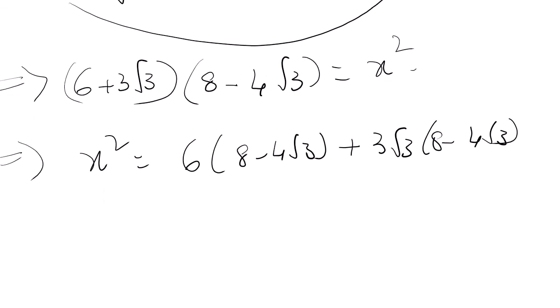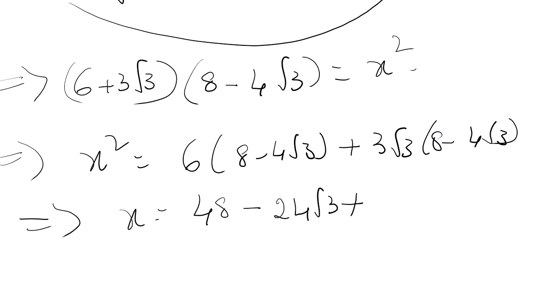Okay, so this implies x is equal to 6 8s are 48 minus 6 4s are 24 root 3 plus 3 8s are 24 root 3 minus 3 4s are 12. Root 3 into root 3 is 3. So 12 into 3 is 36. Did you follow? Root 3 into root 3 is 3, and 3 into 4 is 12. So 12 into 3 is 36.